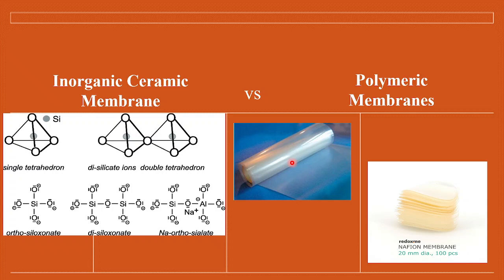If inorganic ceramic membrane is more abundant than polymeric membranes, basically inorganic ceramic membranes would cost lower than the polymeric membranes, right? Because polymeric membranes are often synthesized, and they are all artificial. That's why the cost of a polymeric membrane is much higher than the inorganic ceramic membrane.